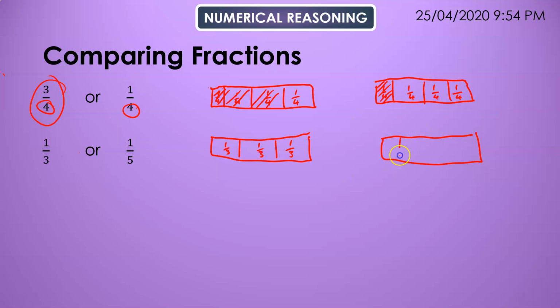This one's divided into fifths, so 1/5, 1/5. So you can see quite clearly that a third is bigger than a fifth, which sort of goes against what you think because the 5 is bigger than the 3.